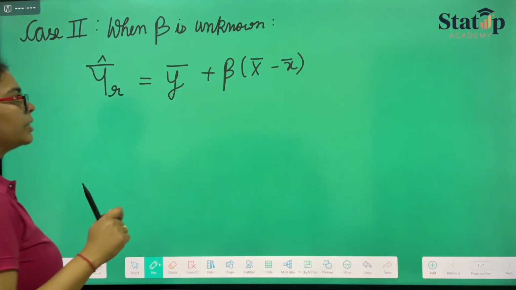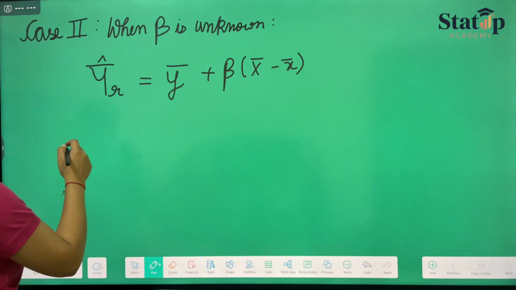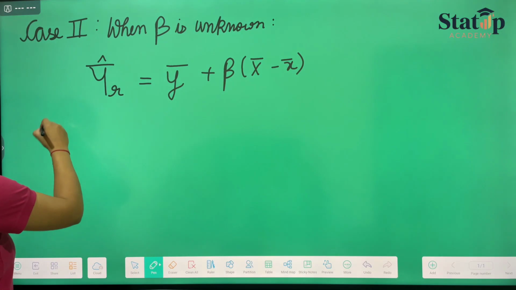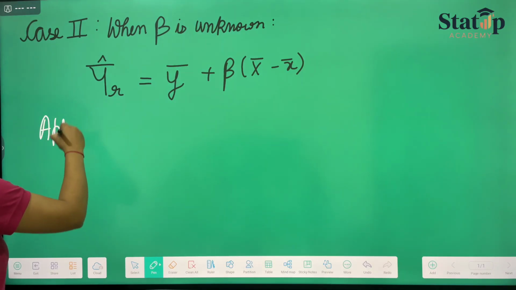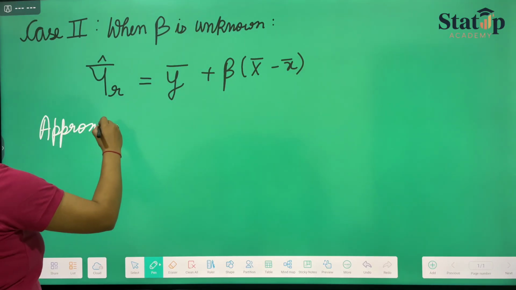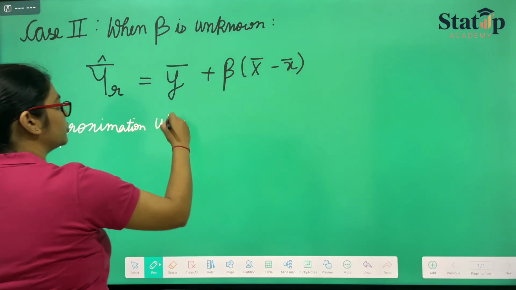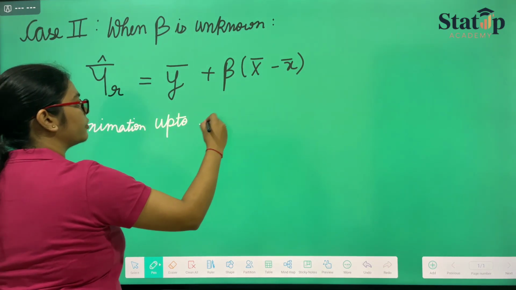This is the value of beta. Okay. So now here let us take approximation up to first order.